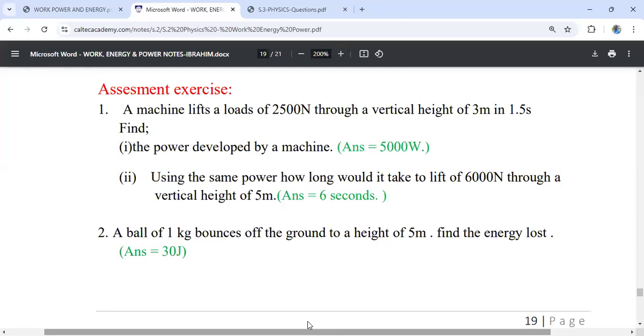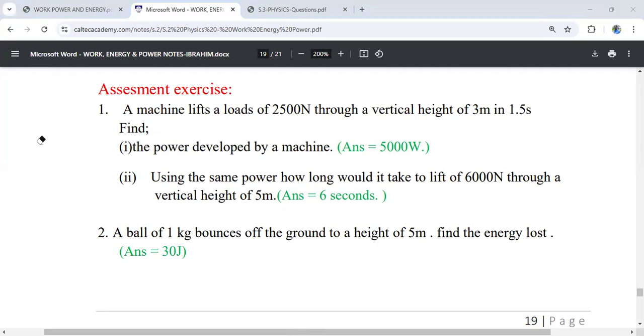They're asking us that a machine lifts loads of 2,500 newtons to a vertical height. So they're asking us for power developed, and then they're also asking you for the time for something.